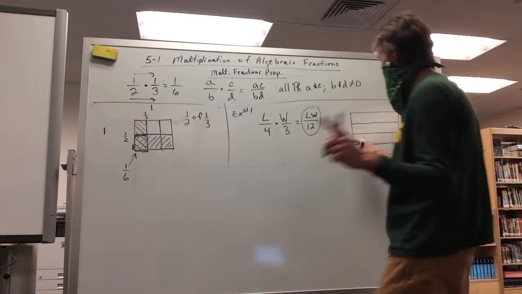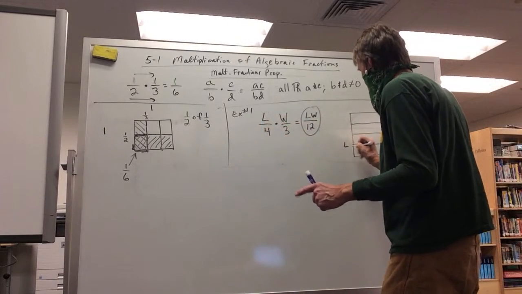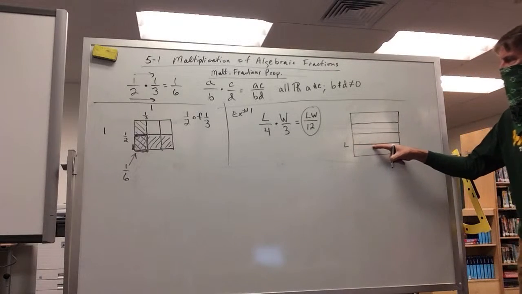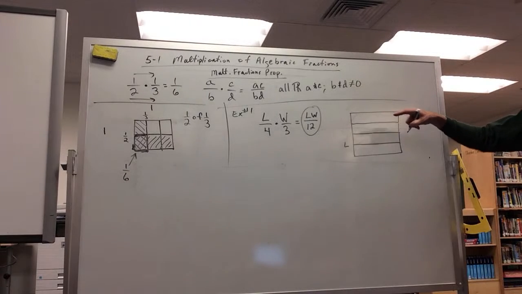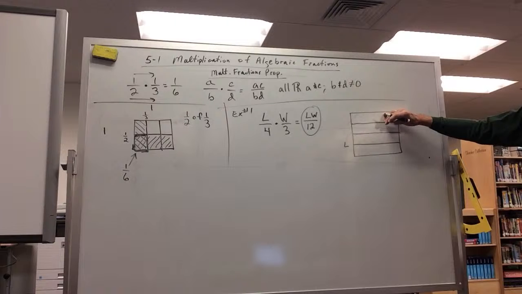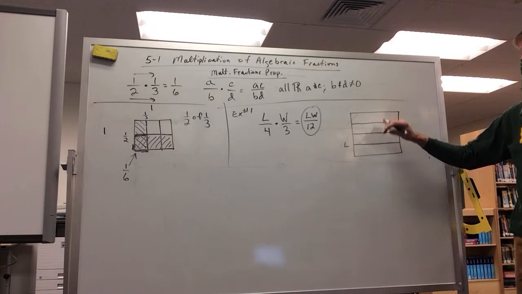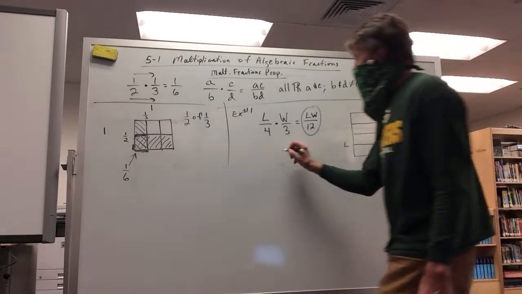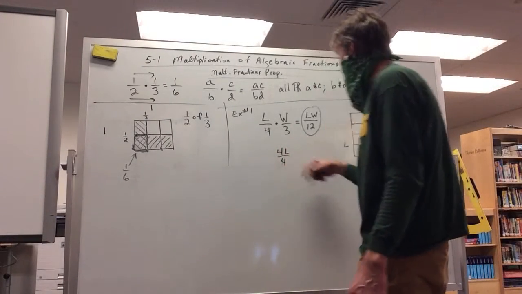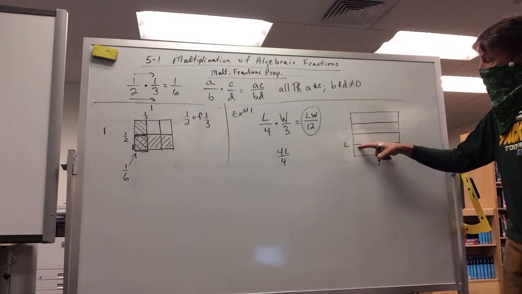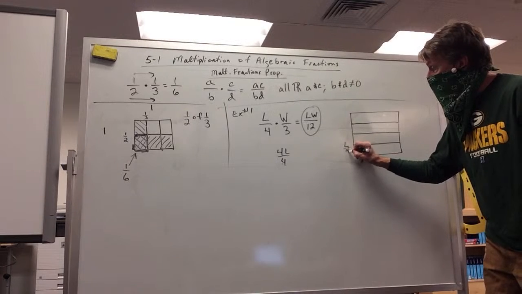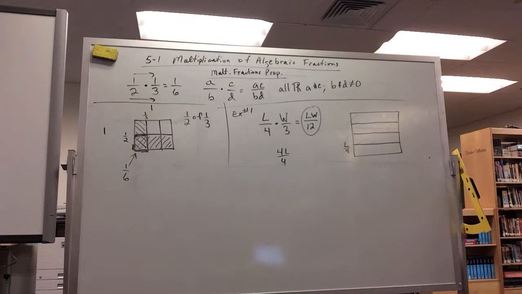We have 1. So it probably makes sense to just do it right here and say that this is 1 L. Then maybe that's 2 L, that's 3 L's. And if you have 4 L's, then you would have 4L over 4, which is 1 whole L. So actually this represents L right here, and that line is one of the 4 L's.